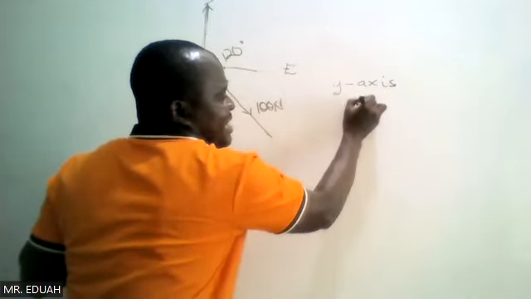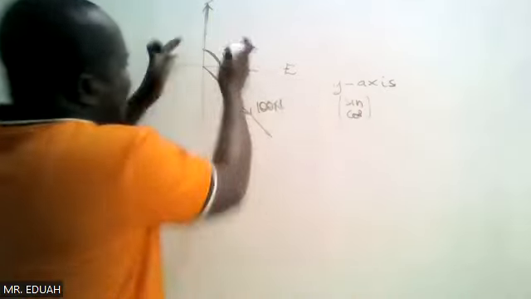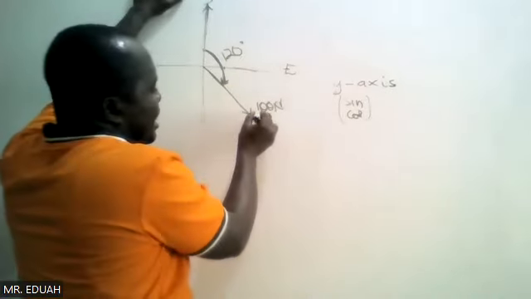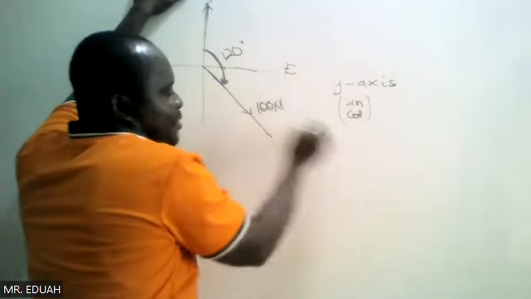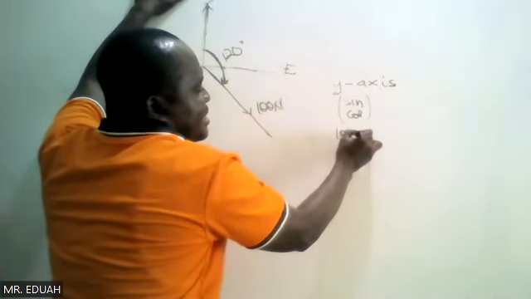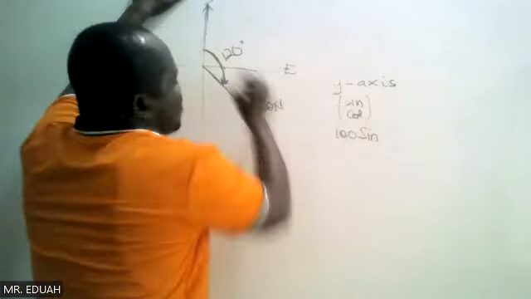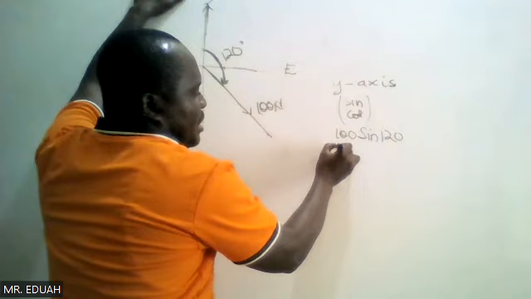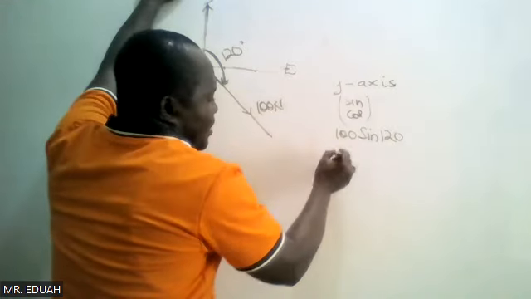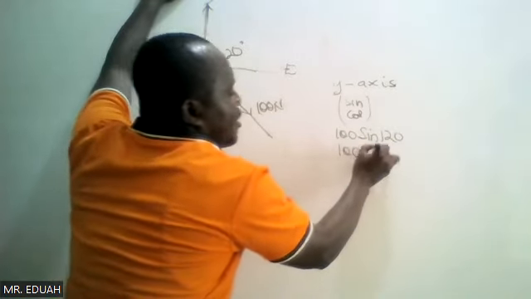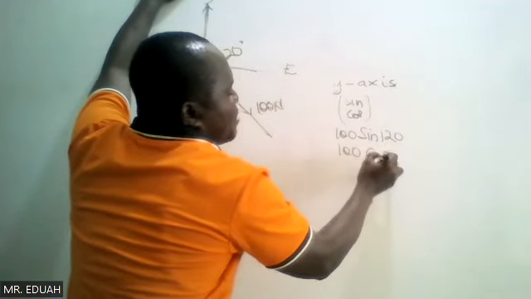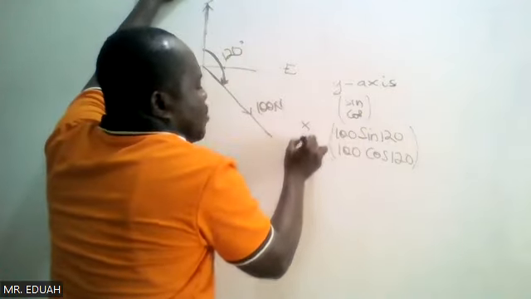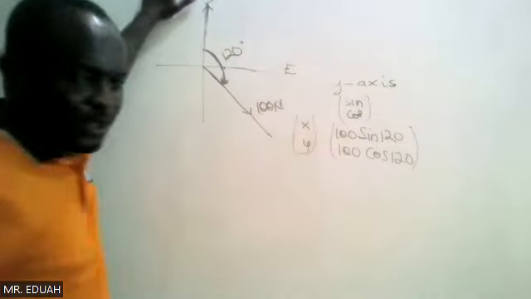So it will be 100 sine of the angle it makes with the y-axis, 120, as the horizontal, and 100 cos of the angle it makes with the y-axis, 120. So this is the x, y component of this force.